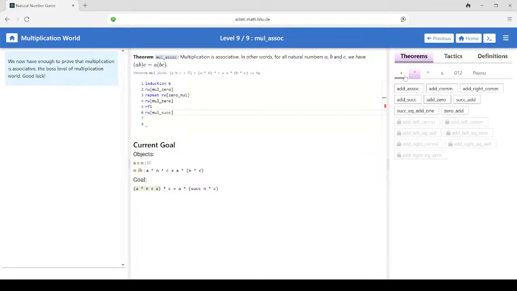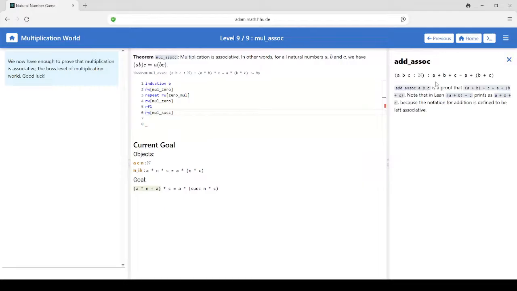Is there anything in here I can use in the addition tab? I don't think that's... No. Wait, what is this?